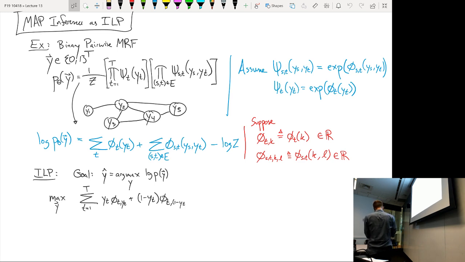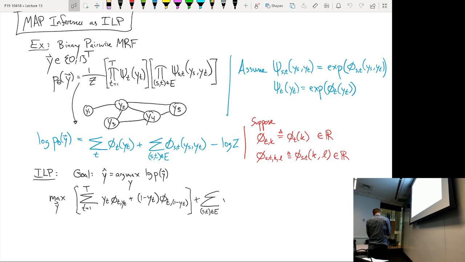So we're going to sum over all edges st in the edge set. And now, things are going to get a little more annoying. So I'm actually going to rewrite this, we can still do it the same way.